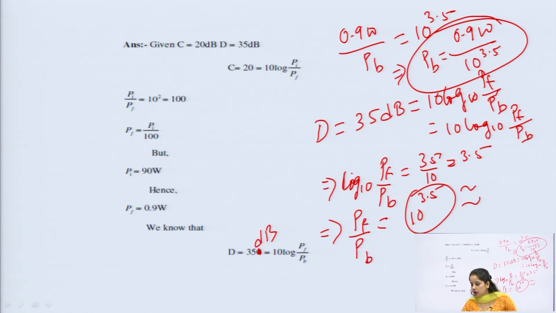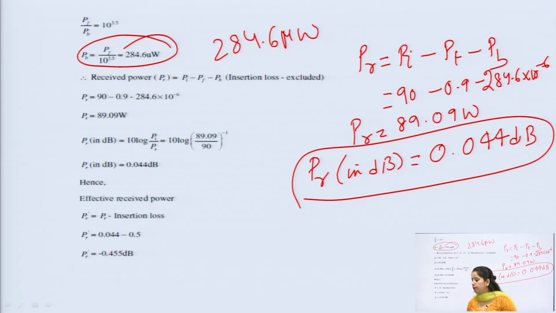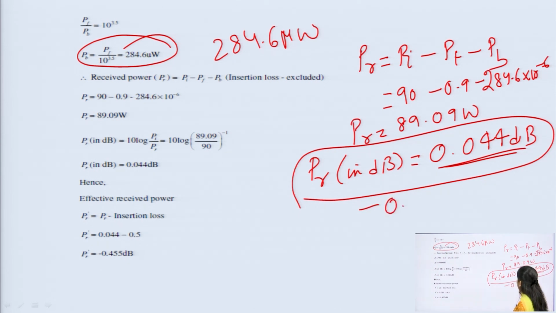our insertion loss is mentioned here. Insertion loss is 0.5. So, to get the through output, what we have to do? We have to subtract this 0.044 minus 0.5 dB, and after that we are getting minus 0.455 dB.